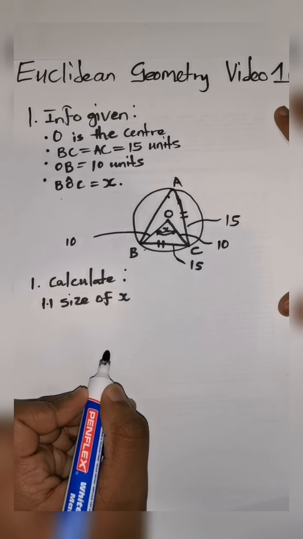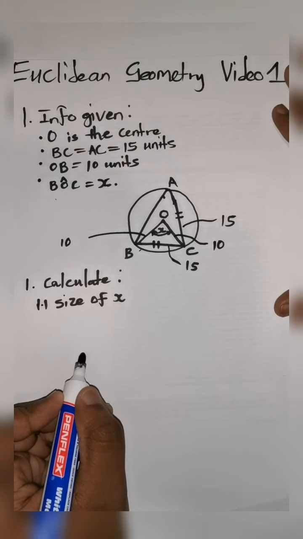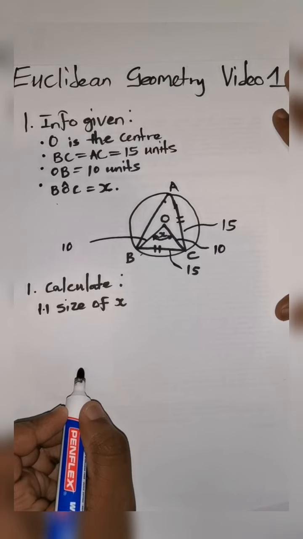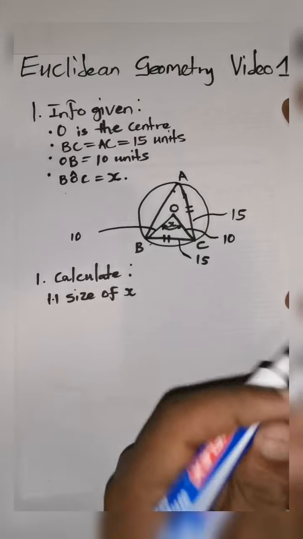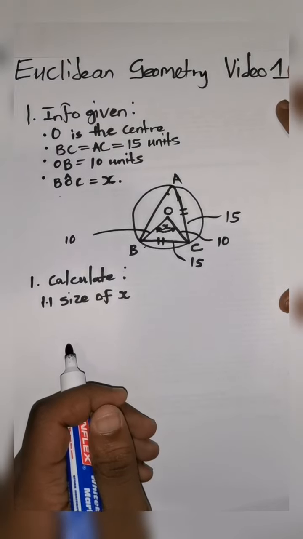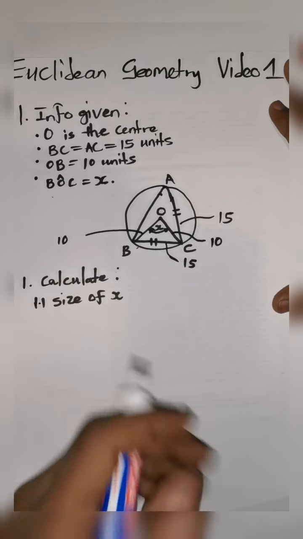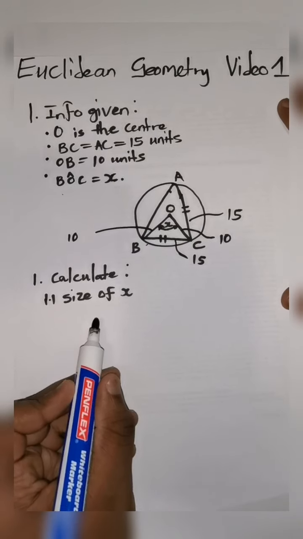I also suggest that you write down all your theorems on a piece of paper and have them close by, because it's good to practice with possible answers right in front of your eyes. Then you'll be able to answer most questions and gain confidence as you go. Okay, so let's focus on our question.